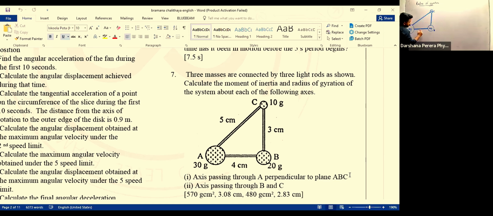The sides are 4 centimeter, 3 centimeter, and 5 centimeter.